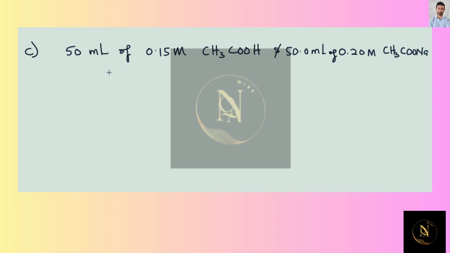The number of moles is equal to the concentration times the volume, so this is going to be 50 times 0.15 divided by 1000, because the 1000 converts 50 ml to liters, since 0.15 molar is 0.15 mole in 1 liter.